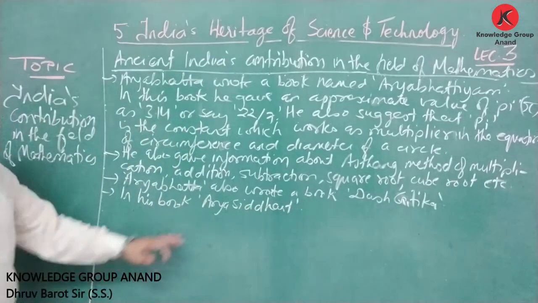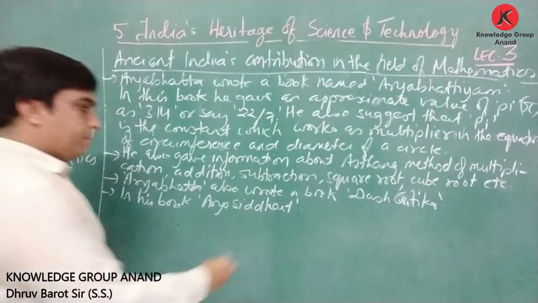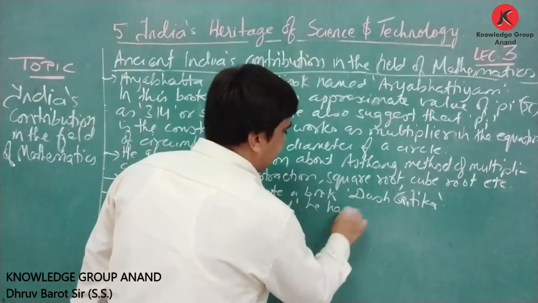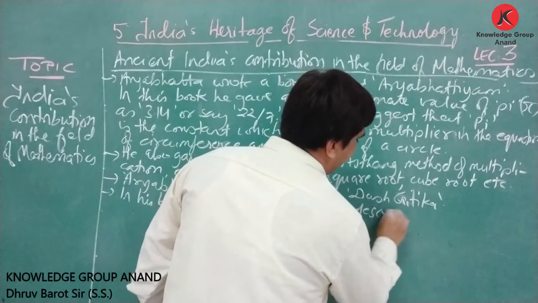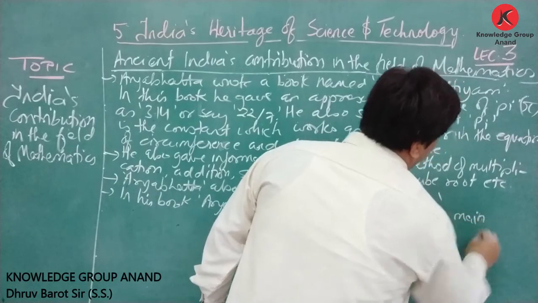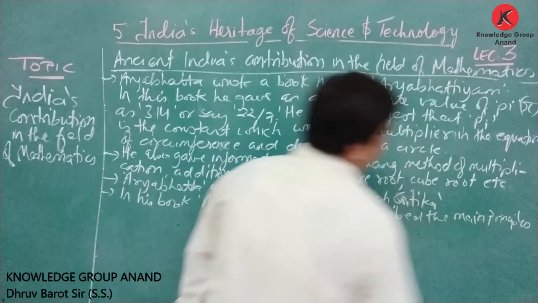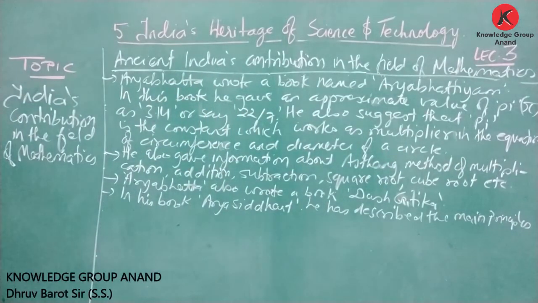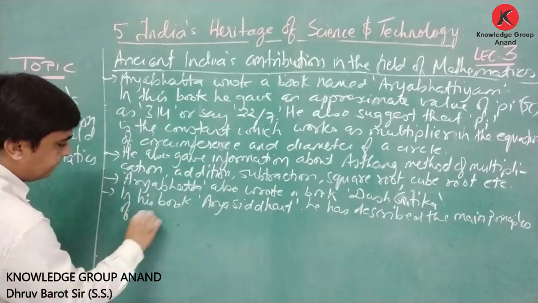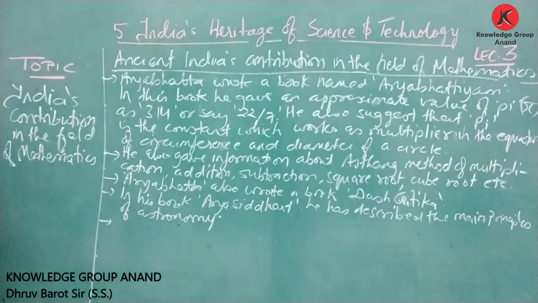He also wrote a book with the name of Arya Siddhant, in which he has described the main principles of astronomy.